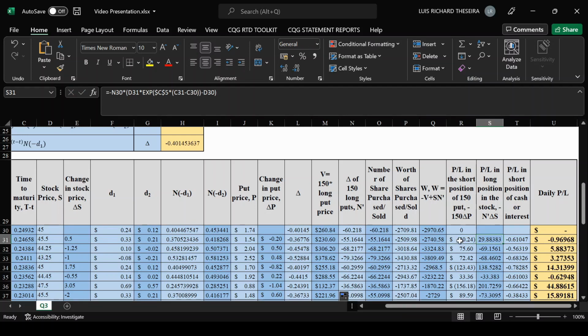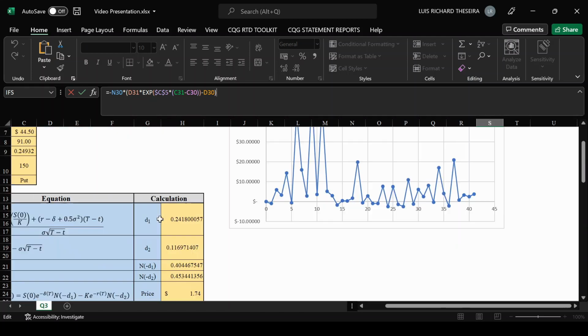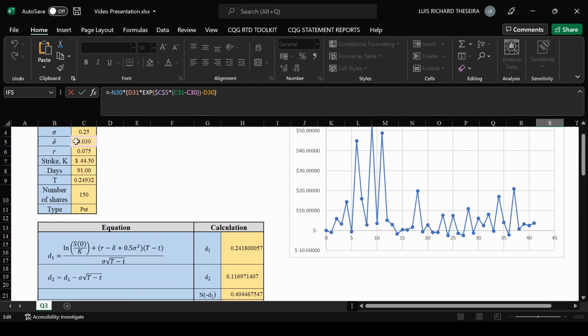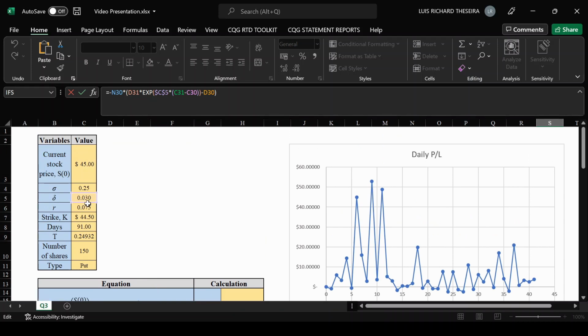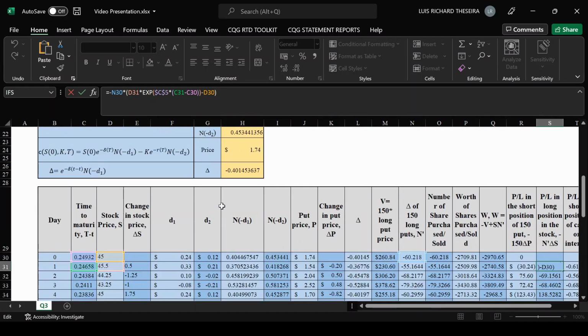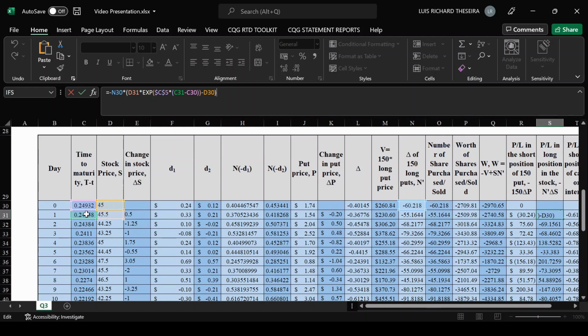And then we have the delta of 150 long puts of the day before, multiplied by the stock price of today, which will be multiplied by the exponential of the risk-free interest rate minus the dividend, multiplied by the difference in time to maturity.